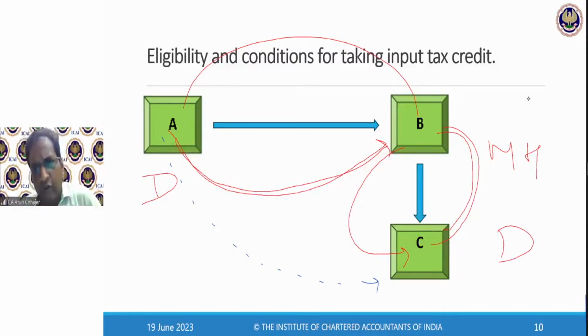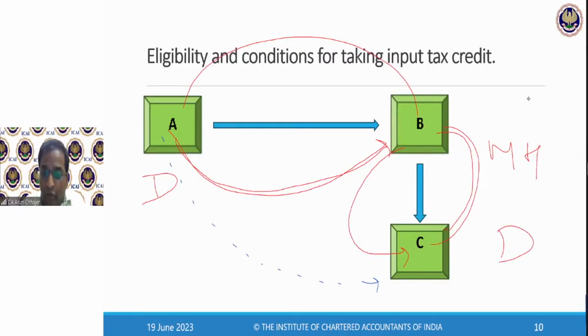So the answer is obviously A will deliver directly to C, because there might be delay in delivery, transportation cost, and the possibility of damage, loss, theft. It is a very costly item.